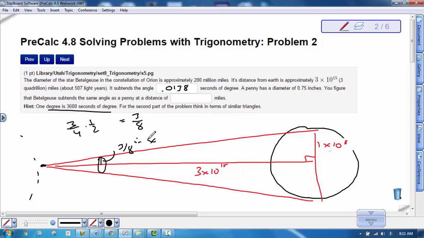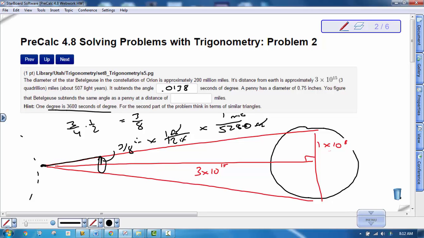To convert that to miles, 1 foot is equivalent to 12 inches, so you're going to divide by 12, and then divide by 5,280 feet in 1 mile. So 3/8 divided by 12, and then divided by 5,280, to find this distance here in miles.